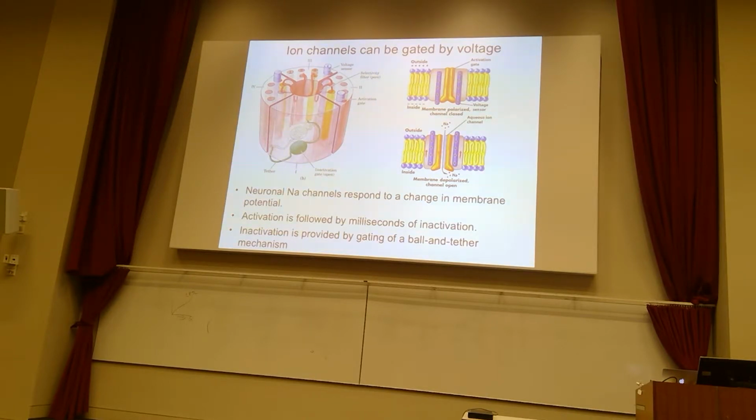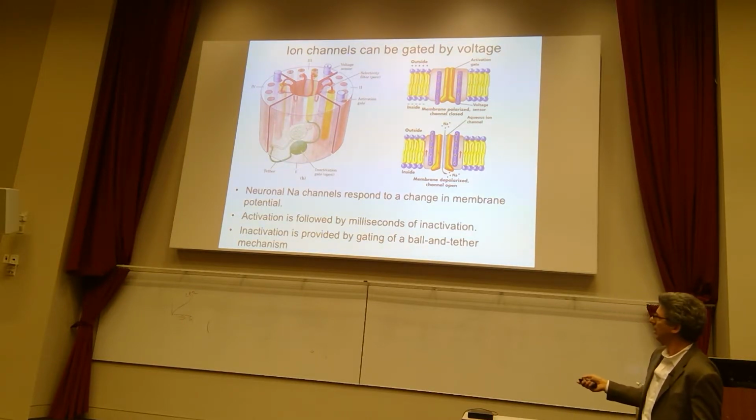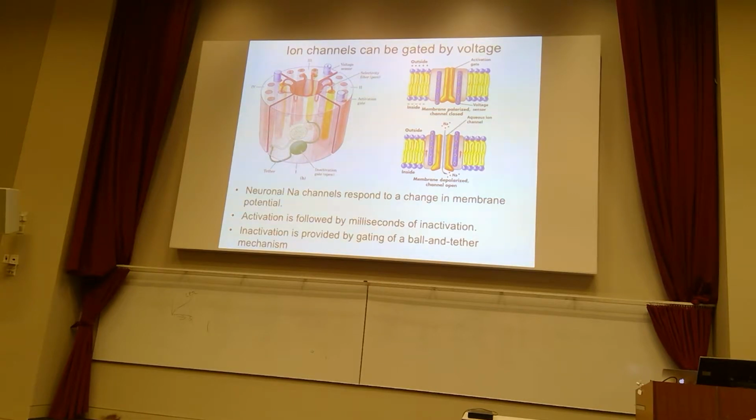That passage of sodium can take place for a brief period of time, and then that channel is inactivated. And it's inactivated through a kind of unusual mechanism. It's actually a ball-like portion of the protein structure that floats back into that channel and occludes it, just like a cork on a bottle.